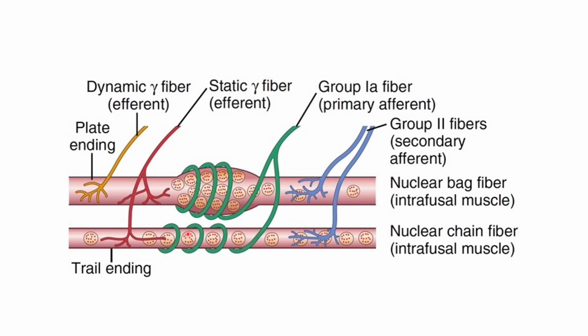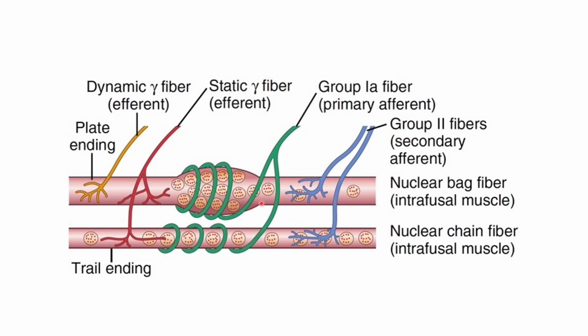So the muscle spindle responds to any stimulus of changing muscle length, either stretching or unstretching of the muscle. Either way, this information will go through the sensory neurons, either the primary afferent or group 1A fibers, and the secondary afferent fibers or group 2 fibers.